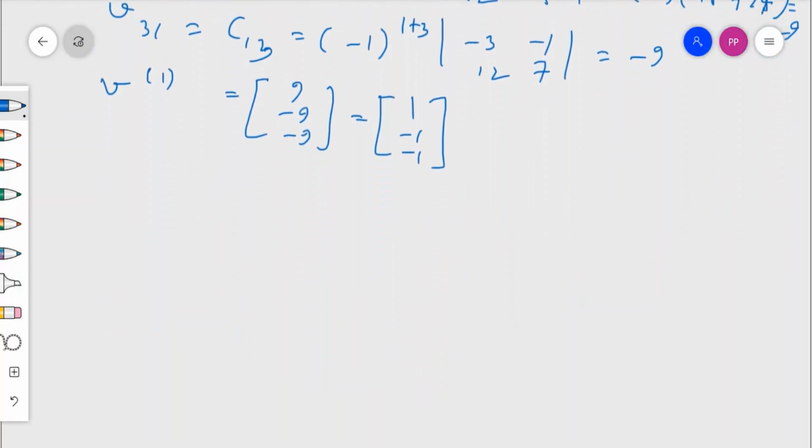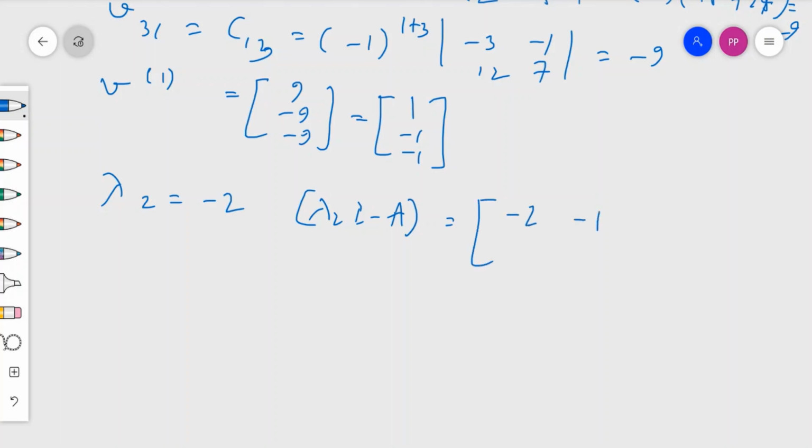So for lambda 2 equals minus 2, you have lambda 2I minus A. This is equal to minus 2 minus 1 0, minus 3 minus 2 minus 2, and 12 7 4.